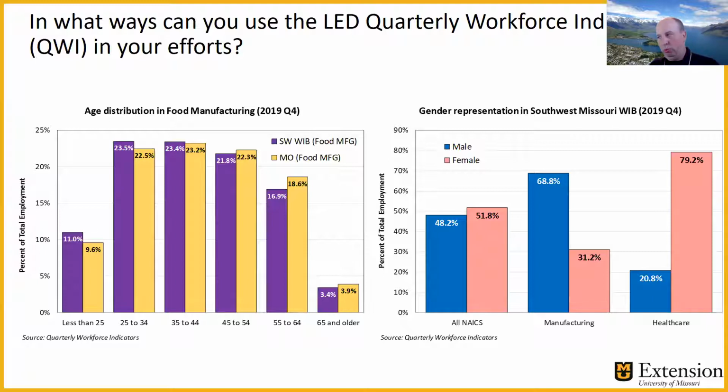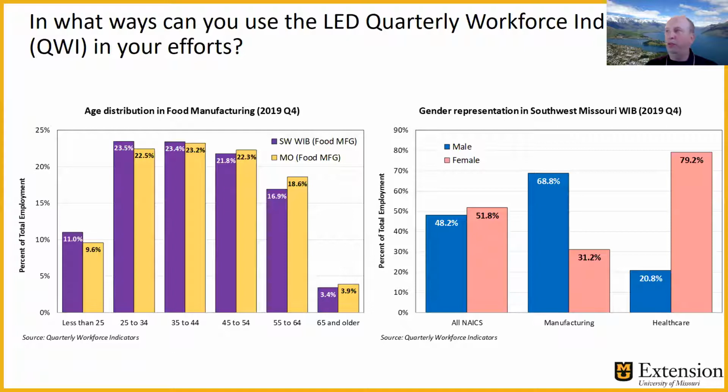Those are the people who tend to benefit the most from these types of programs. And you can also tell if certain groups are over or underrepresented in certain industries. So you could look at what the construction industry looks like in terms of its racial composition, and how that compares to the workforce overall. Is it representative? Is it not?